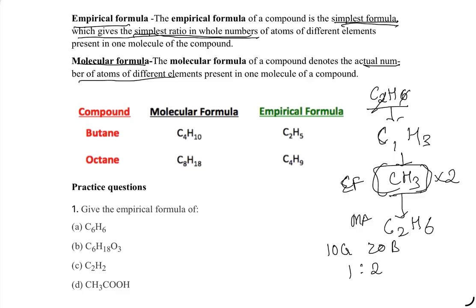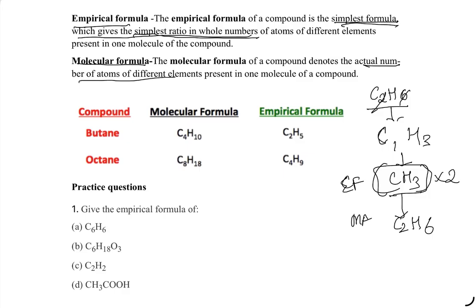But if somebody asks you what is the number of girls and boys, then we'll not say 1 and 2. Then we'll say it is 10 girls and 20 boys. So that number of girls is the actual number, but the ratio between them is the empirical formula. I hope you must have understood by now the difference between empirical formula and molecular formula.